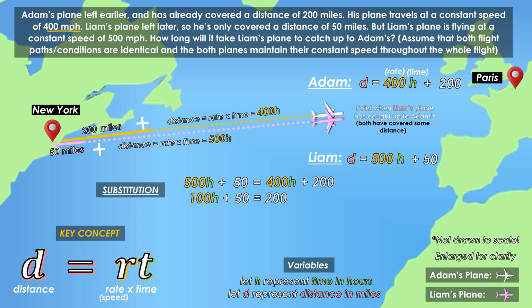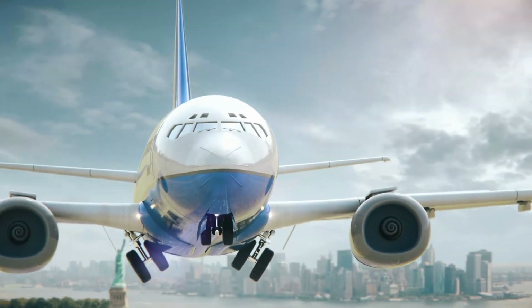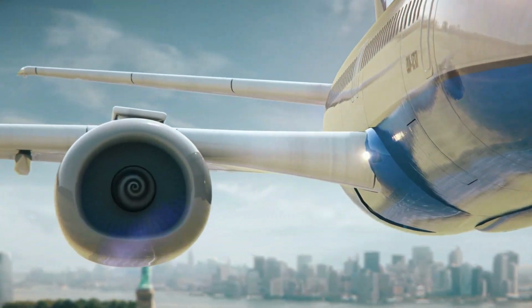Now we can subtract 50 from both sides. This leaves us with 100h equals 150. We then can divide both sides by 100 to isolate the h. This gives us h equals 1.5. So it'll take only 1.5 hours for Liam's plane to catch up to Adam's.